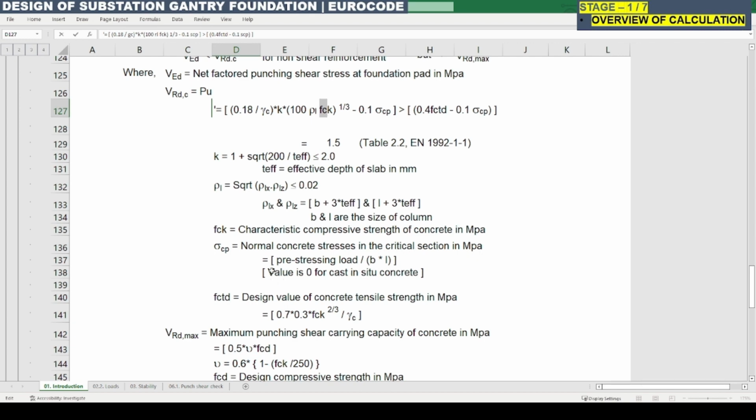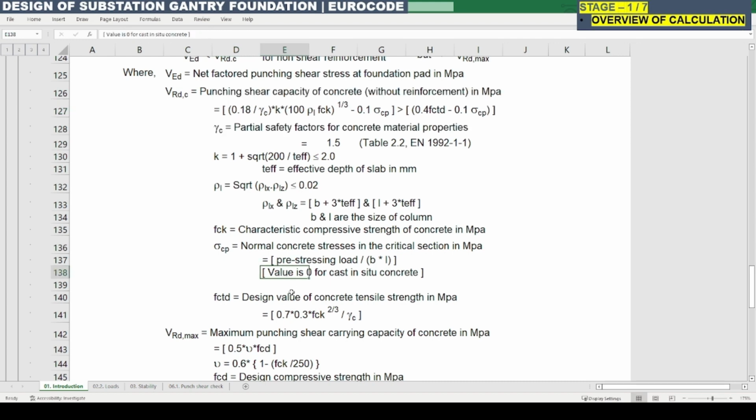For cast in situ concrete this value will be 0, so we can ignore this minus 0.1 sigma CP, and the entire equation should not exceed 0.4 FCTD.